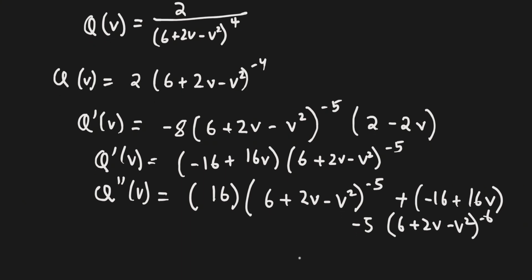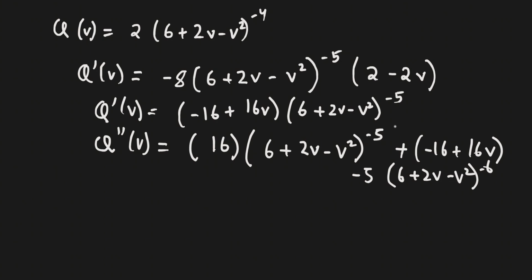This is technically a good answer to leave it like, except we forgot one step. Multiplying by the derivative of the inside. We forgot that, right? We have to multiply by the derivative of the inside, because this is the product rule, and this is the derivative of this function, which is a chain rule. So this has to have the derivative of the inside, which is just going to be equal to, same thing as before, 2 minus 2v.